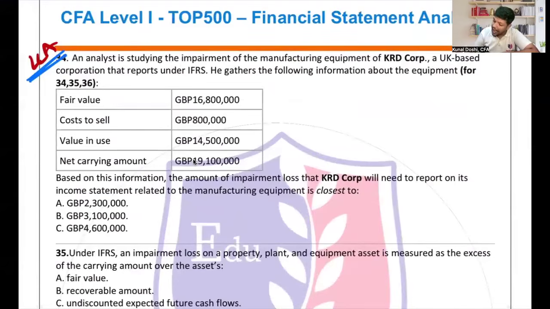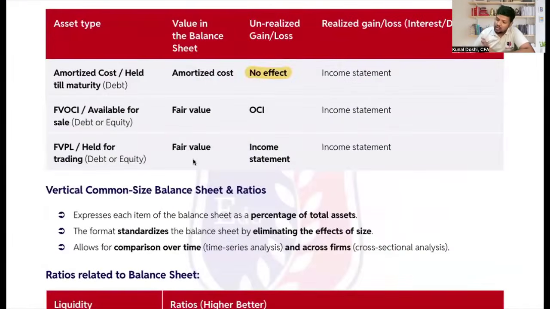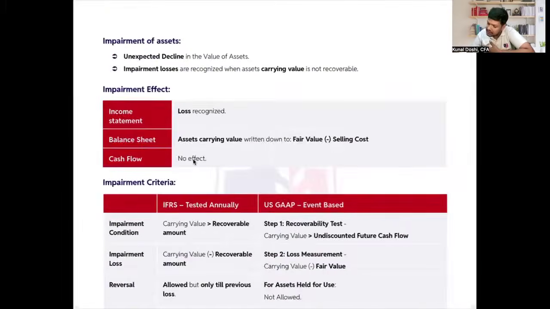An analyst is studying the impairment of manufacturing equipment. Trust me, impairment has a very high chance of being asked. Now, for impairment, I'll show you from my notes, because I know most students struggle with impairment a lot. So let me go to the impairment process.